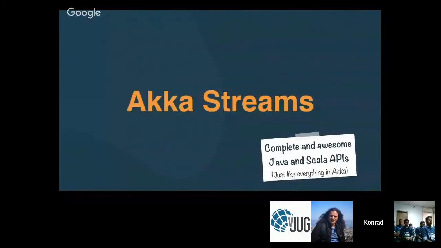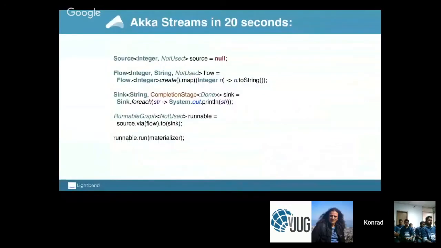So let's look at Akka Streams for a bit. So this is how Akka Streams look. And you'll notice we have a bit more type information. When we were working on Reactive Streams and Akka Streams for 2-3 years or so, we noticed that a popular use case was, okay, you have a source of integers, but you also sometimes need to talk with the outside world from the stream.